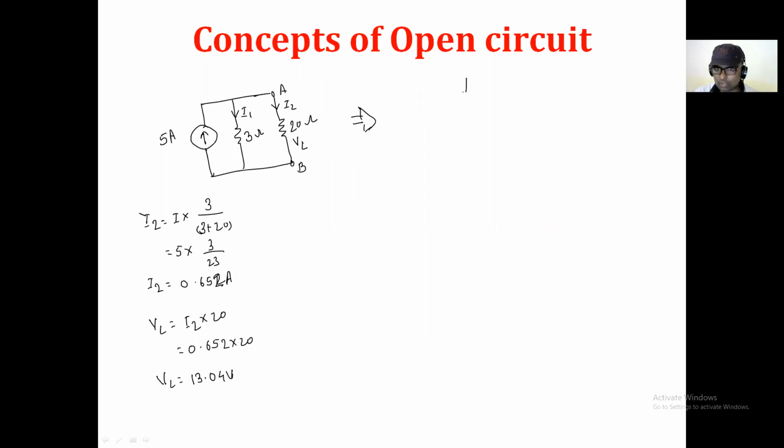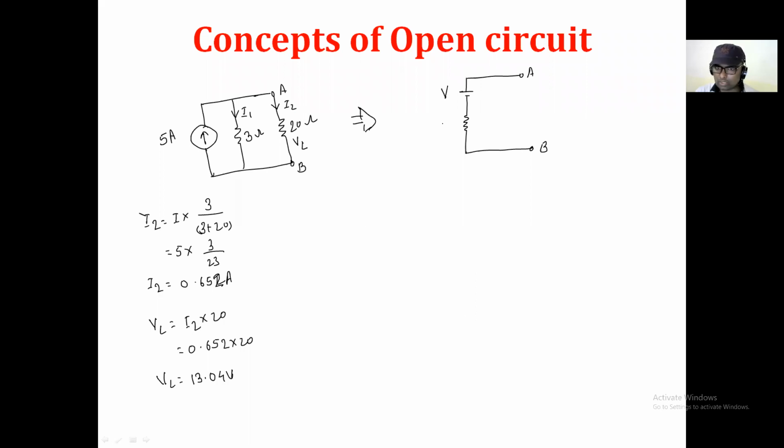Okay, now see here, we will try to convert it into an equivalent voltage source. When I say voltage source, definitely I have to consider one voltage source along with its internal resistance, and these are the two terminals, A and B. Now we have to calculate its voltage value.